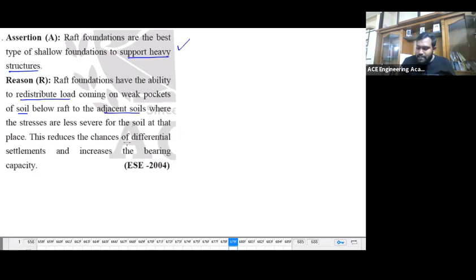This reduces the chances of differential settlement and increases the bearing capacity. More the width, more bearing capacity. And as I provide for total columns a single foundation, it reduces the differential settlement. So this is true. A and R are true, and R is the correct explanation of A.